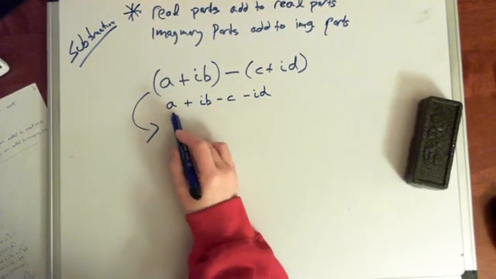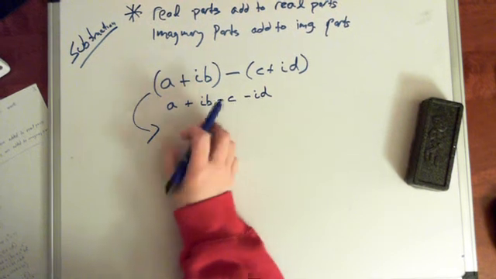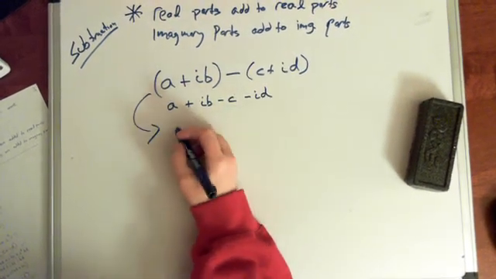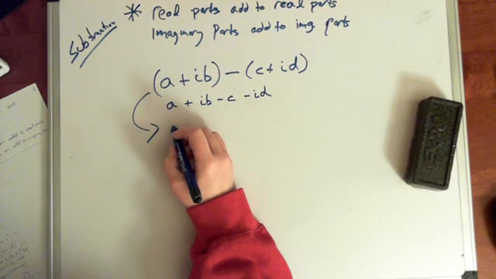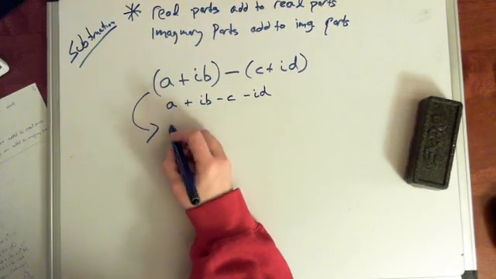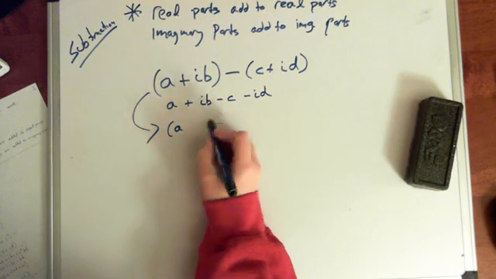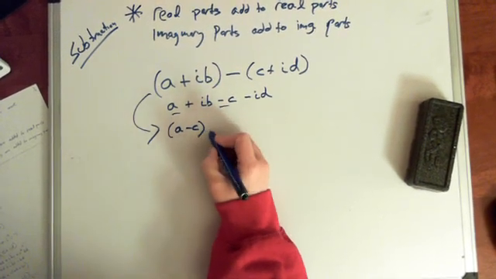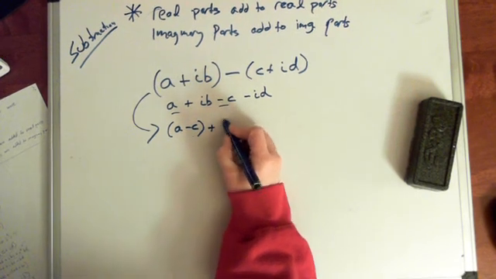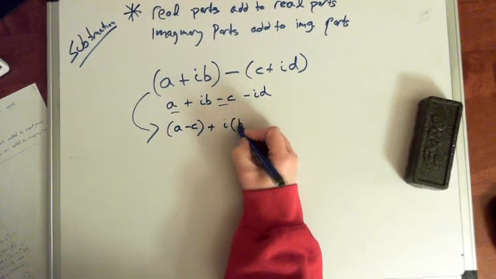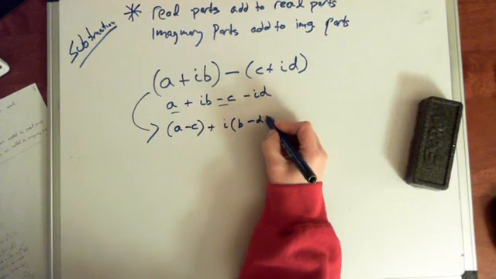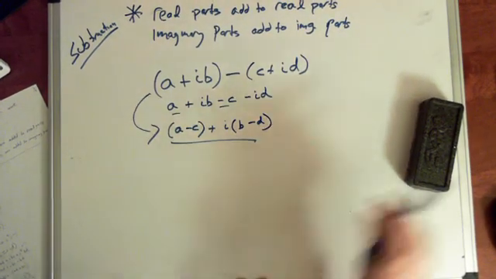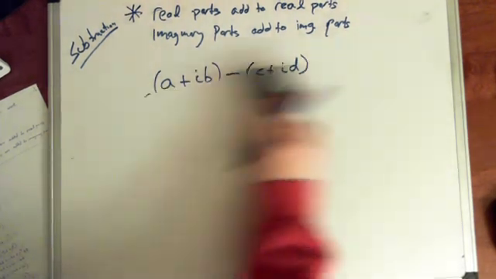Grouping the real parts together, the reals are combined with the reals and the imaginaries with the imaginary parts. So we get a minus c, plus, factor out the i, and you get b minus d, and that is subtraction.